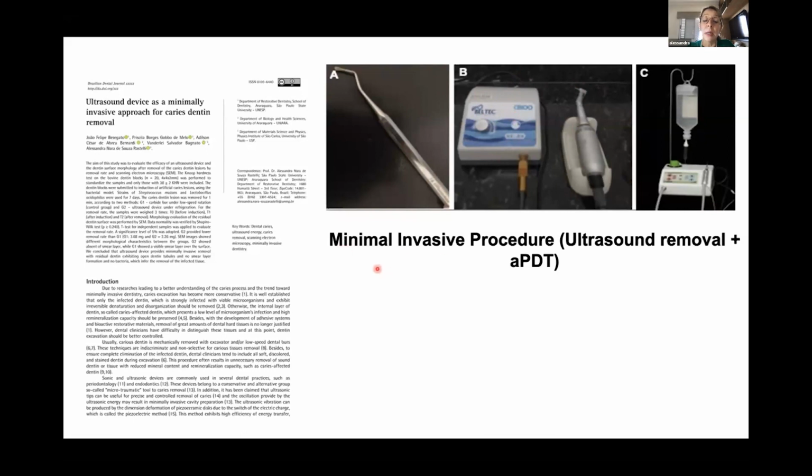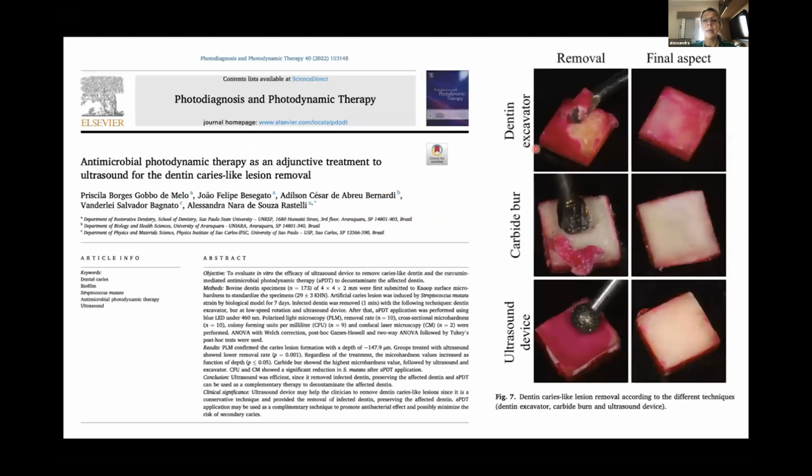We can work based on a minimally invasive procedure, since we can keep a more affected dentin that it's possible to decontaminate by some antimicrobial technique, and in this way we have used antimicrobial photodynamic therapy.